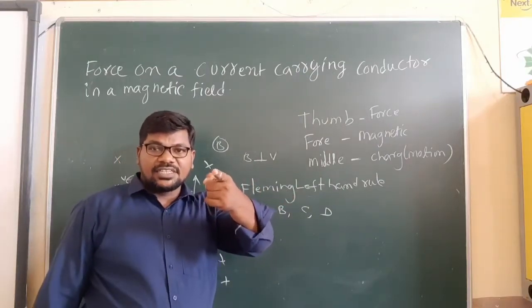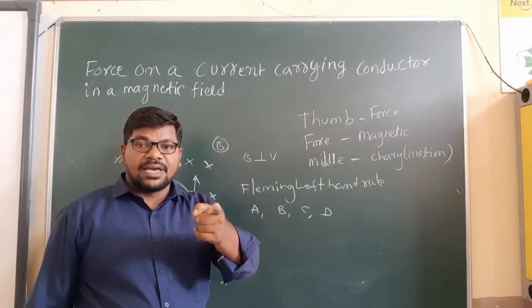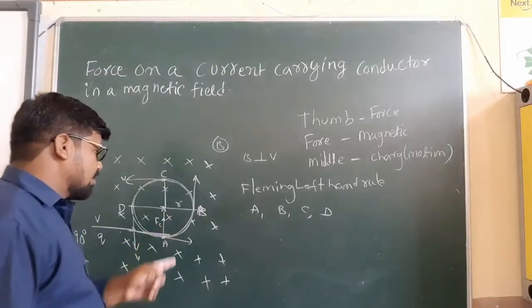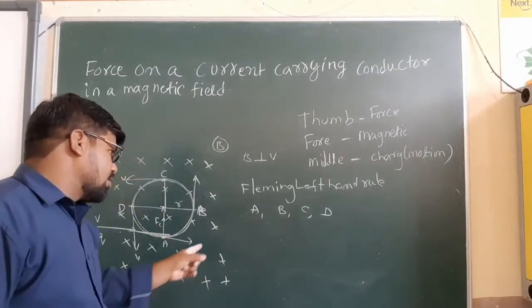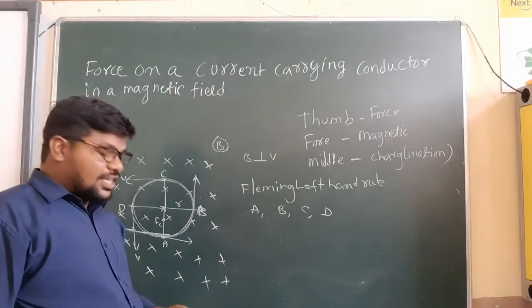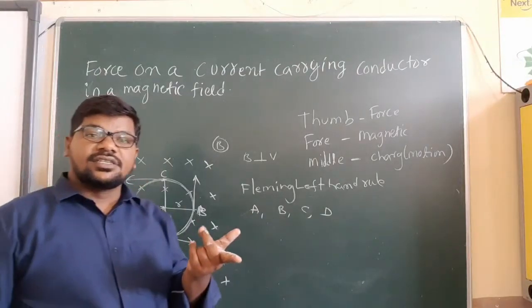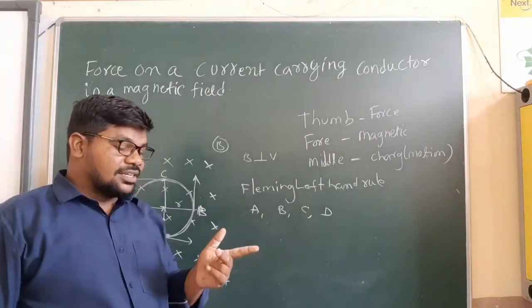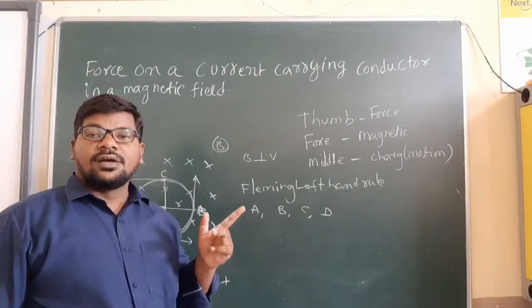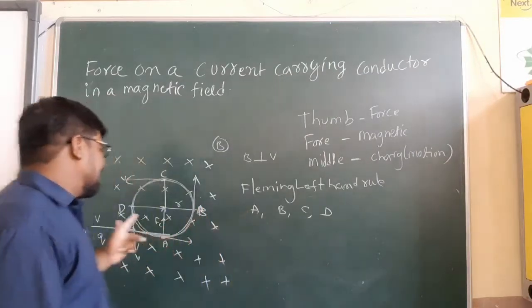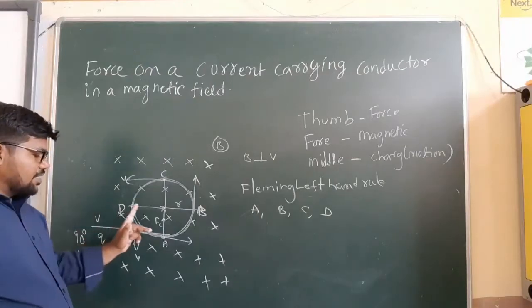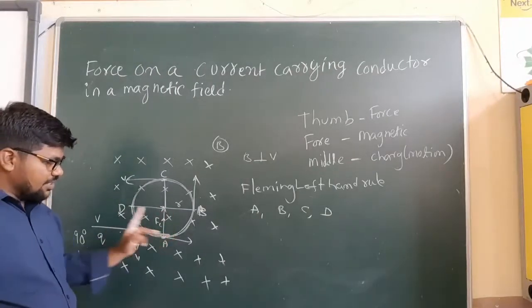Here the forefinger indicates the direction of the magnetic field, so field lines enter into the board. Then the middle finger indicates the direction of motion of the particle, which means the velocity direction.